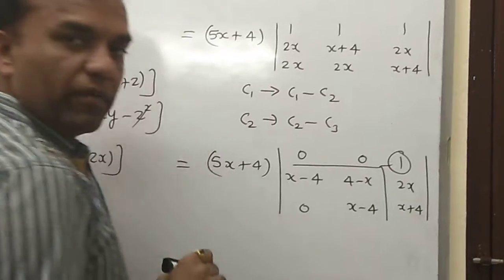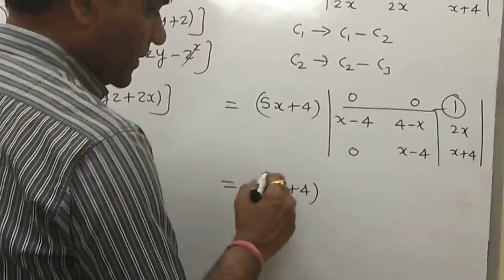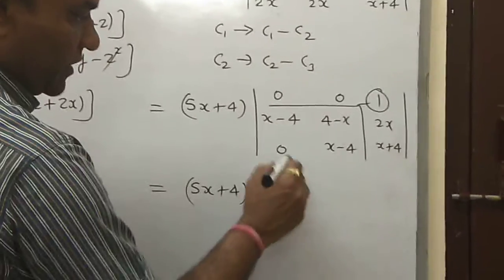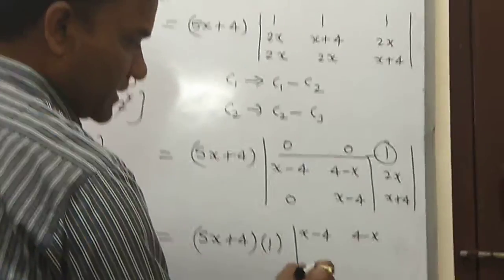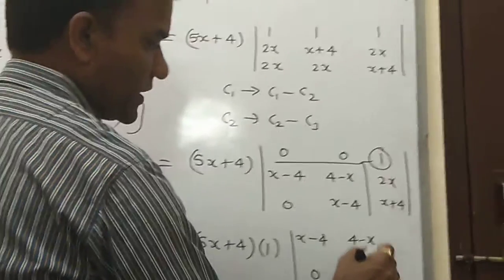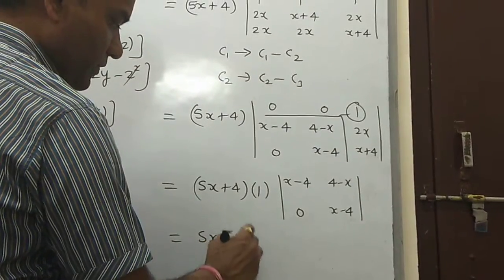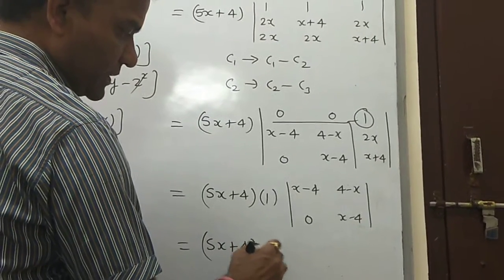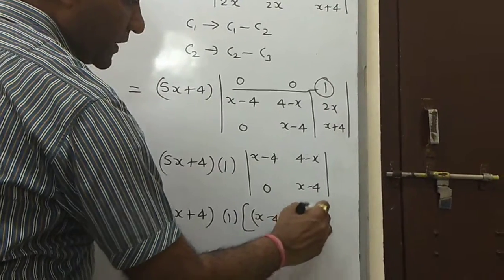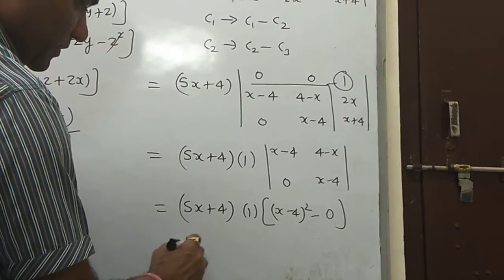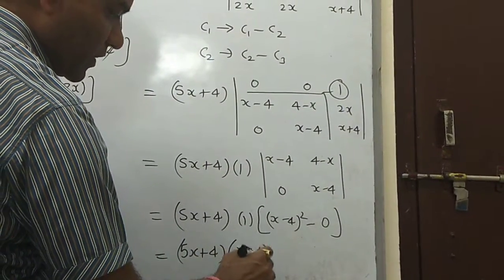You use the concept of L: you have the pair of 0, you underline 5x plus 4, and now you have the determinant x minus 4, 4 minus x, 0, x minus 4. So you put 5x plus 4 and 1 as it is, and you have here (x minus 4) whole square minus 0. It means you get 5x plus 4 and here (x minus 4) whole square.